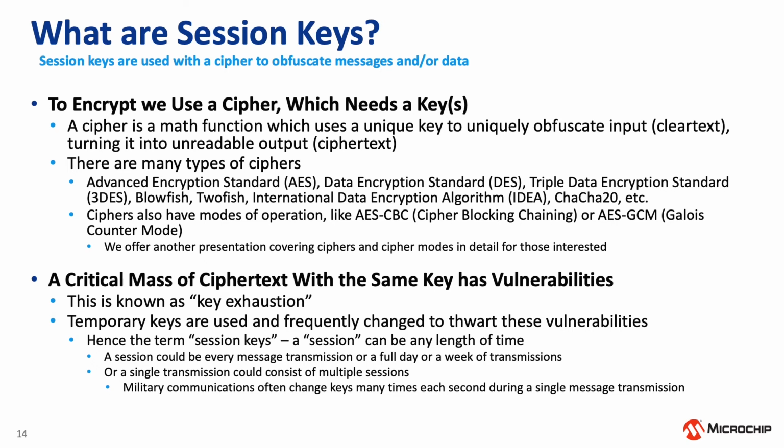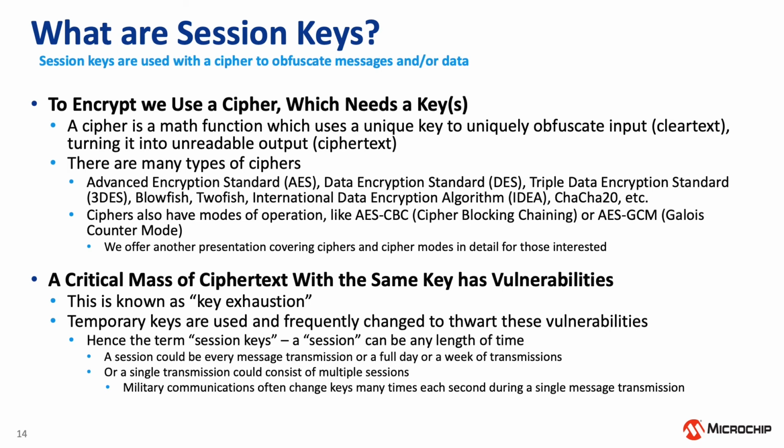After a while, you've created so much ciphertext with that key that you start to create mathematical vulnerabilities that someone can start backward calculating what the key must have been, because all of these ciphers are well known. The mathematical nature of these ciphers are well known. They're very complex and they're very difficult to run backward. But once you have an enormous amount of ciphertext, you kind of can.